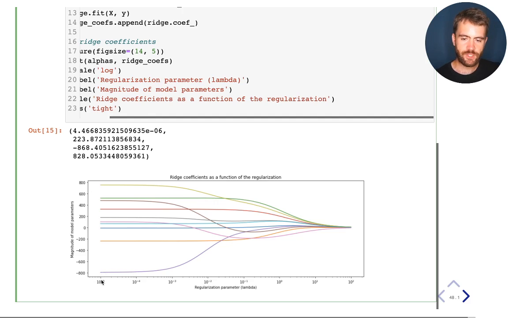When the regularization parameter is really small, the magnitude of these weights is relatively large. Here on the y-axis, I have the magnitude of each parameter. So when the regularization parameter is really small, this purple weight here is on the order of minus 800. This green one is on the order of 800. This one is 200, 400.